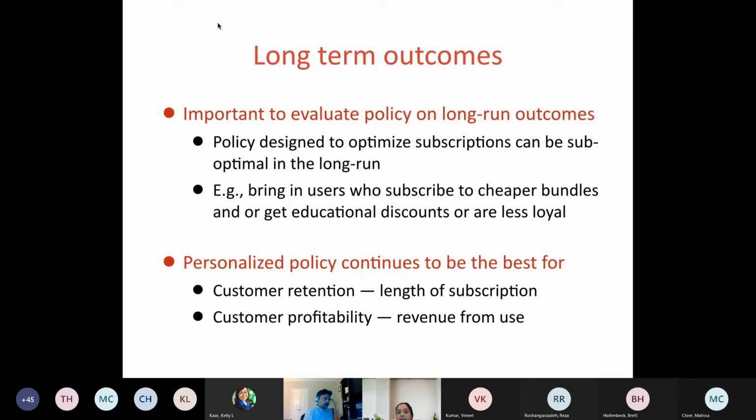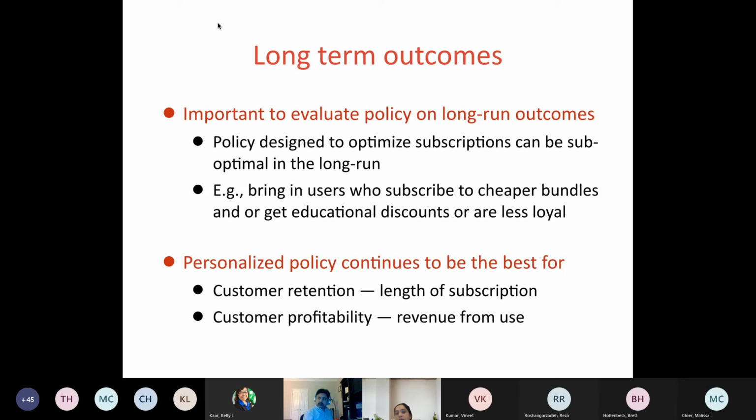Because if your goal is to maximize subscription, you might end up with a policy which leads people to subscribe to cheaper bundles or educational discounts, or people who are less loyal, which trades off long-run outcome variables with the short-run variables.